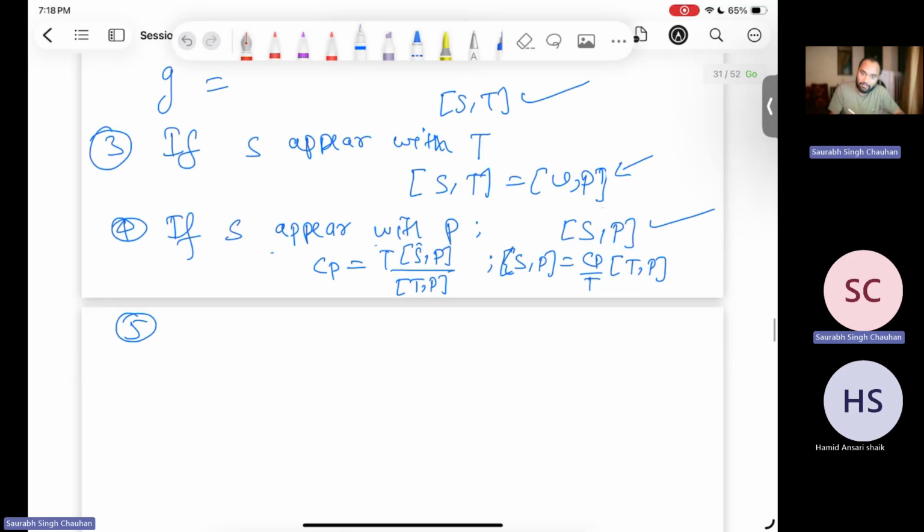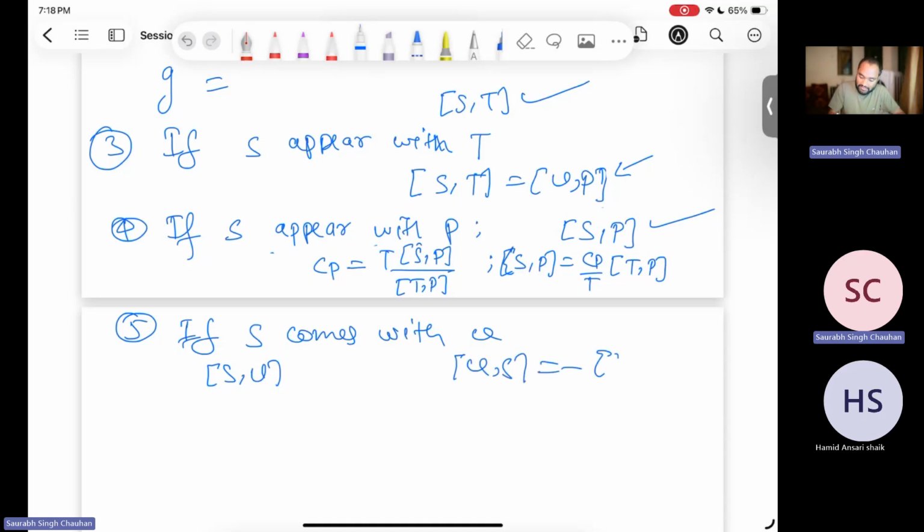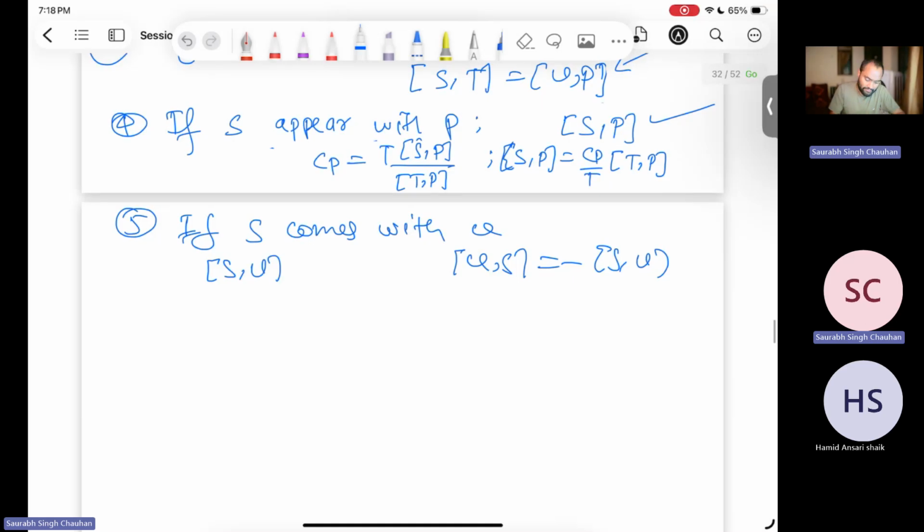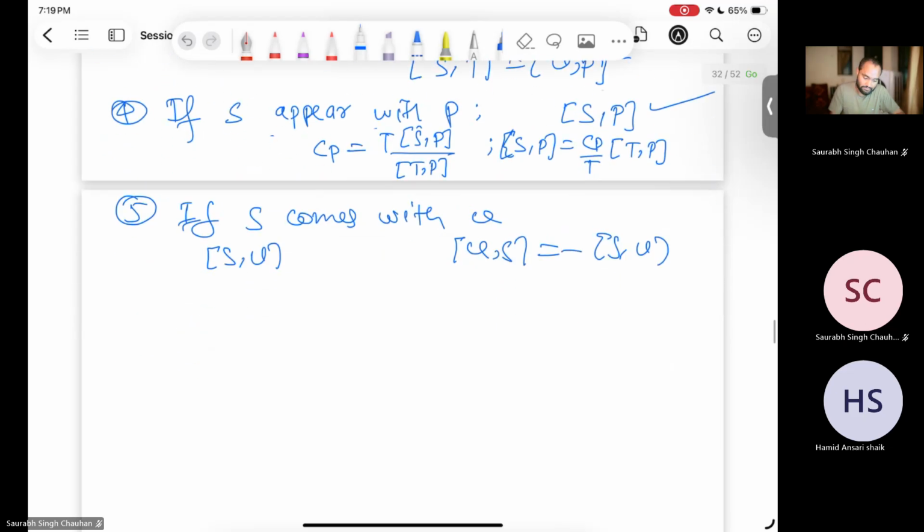And S has come with T, and you discussed S with P. Now S can come with V, right? If S comes with V, like you have S comma V, something like that. If you have V comma S, that means minus S comma V. But if S and V appear together, then we will use the definition of CV, right? What was CV?